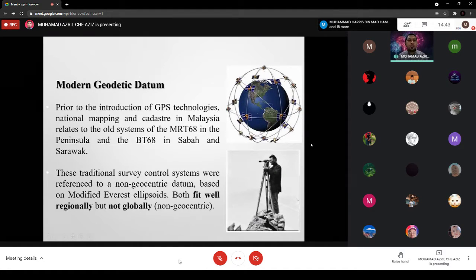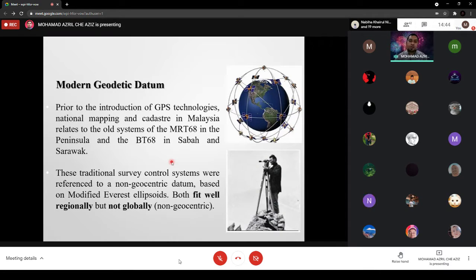So what is inside the modern geodetic datum? Prior to the introduction of GPS technology, national mapping and cadastral in Malaysia related to the old systems of the MRT 68 in Peninsula and the BT 68 in Sabah Sarawak. So from 1994, GPS technology was introduced.